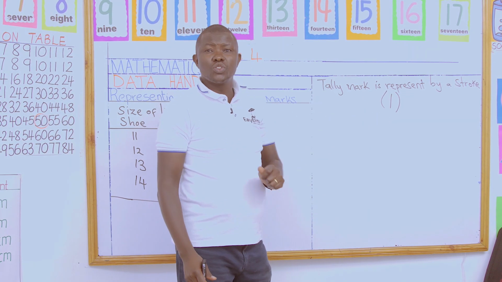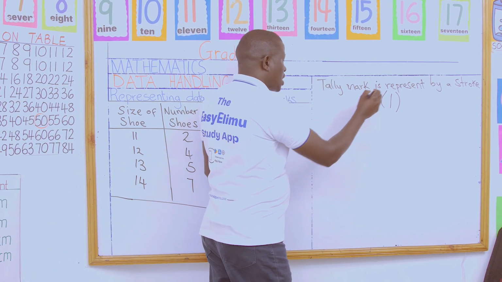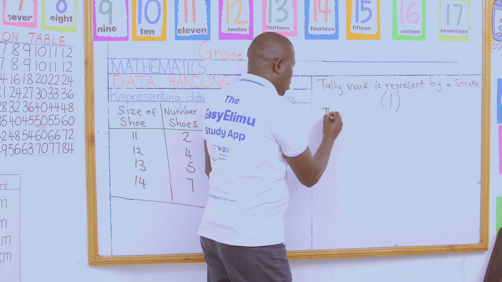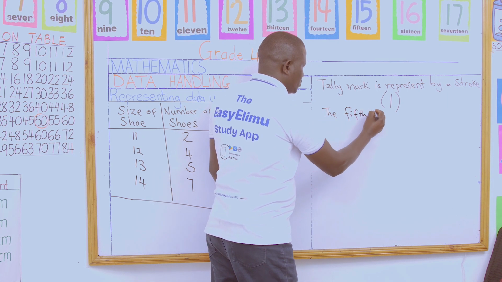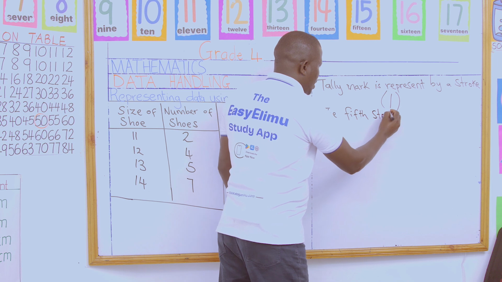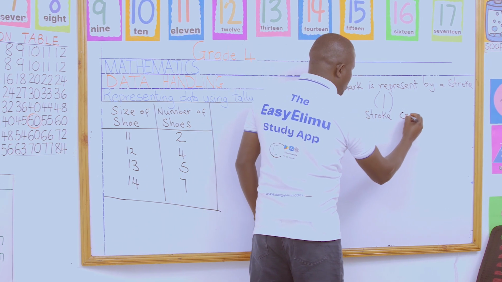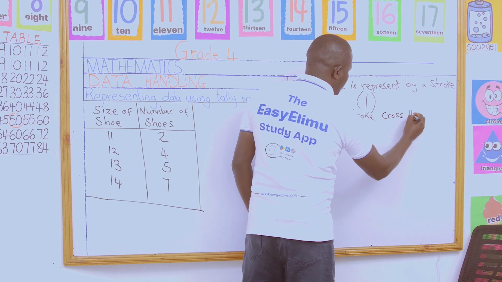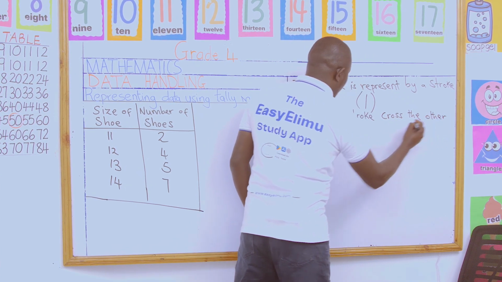Now, the second thing that you should note: when the strokes go up to 4, the fifth stroke crosses the other 4. The fifth one crosses the other 4.